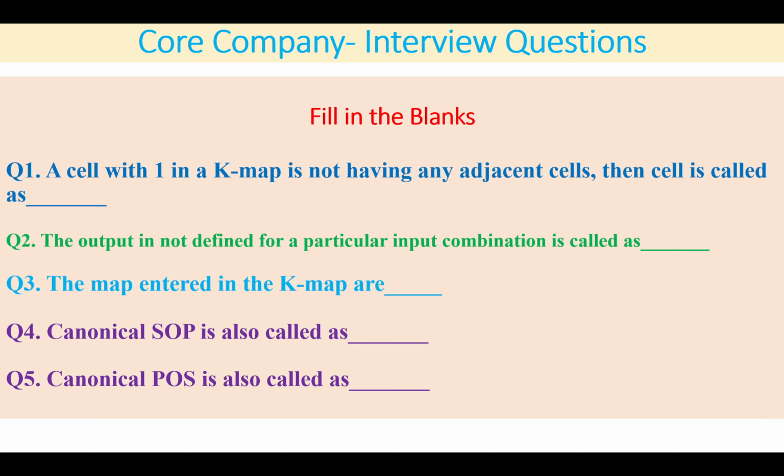Finally, I give you some important interview questions that will be very helpful for core companies. The first question is, a cell with 1 in a K-map that has no adjacent cell, what is the name of this cell? This cell is known as an isolated cell.